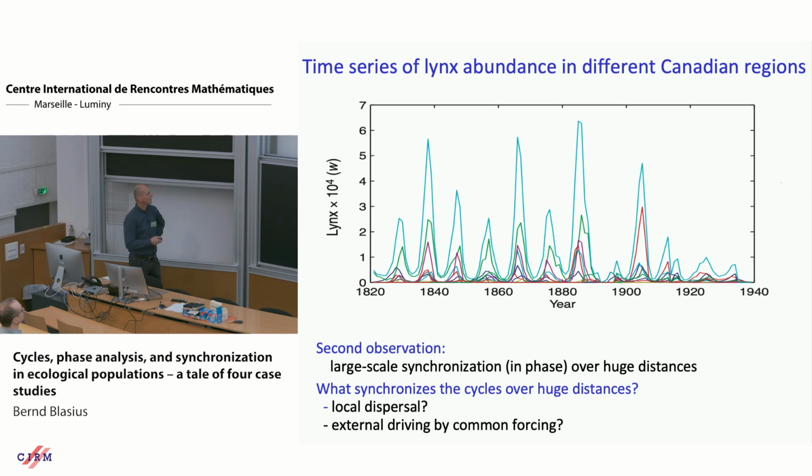And now the question is, what can drive the system? How is it possible that the system can be synchronized in phase so well, but amplitudes are irregular? So one common explanation is it should be external forcing. There should be some external fluctuating factor in the environment with a 10 year time scale, and this should synchronize all these populations.